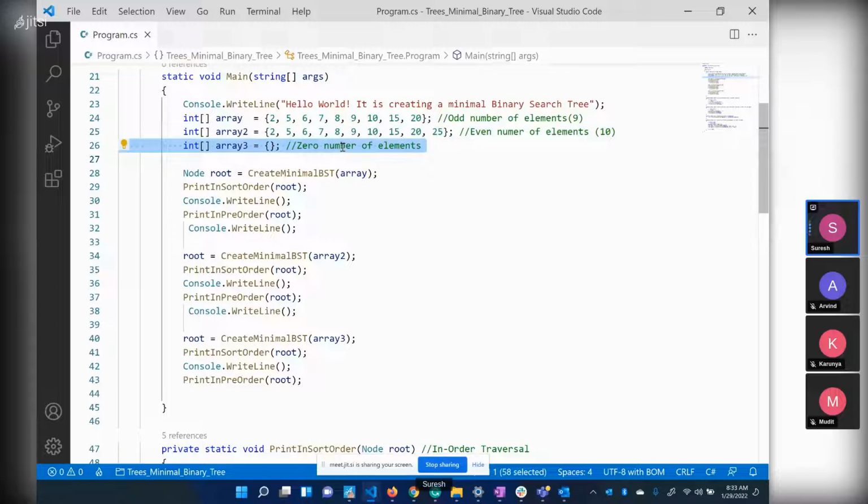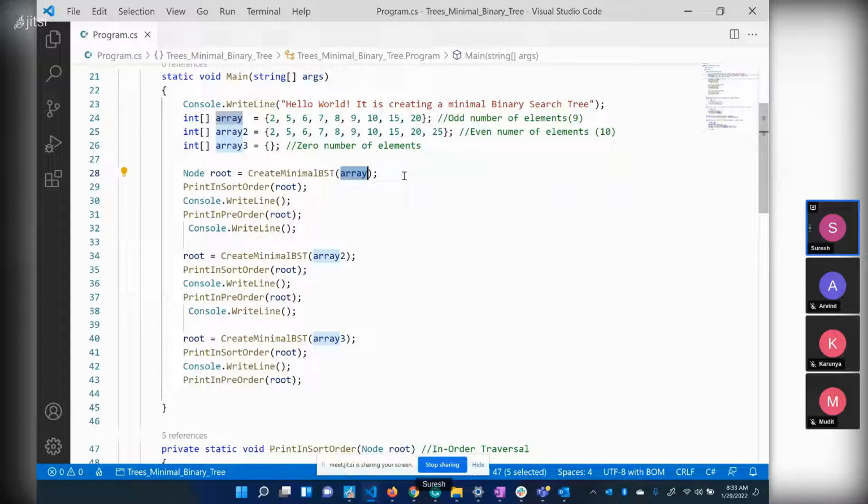There could be 0 elements as another input. When you're writing an algorithm or a method, you need to think about all these possibilities. Input can be as dirty as possible. Never think that it's always 9 elements, always 7 elements, or always an odd number of elements.